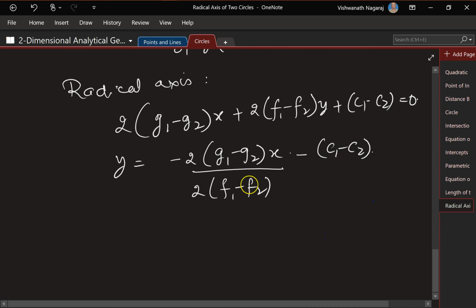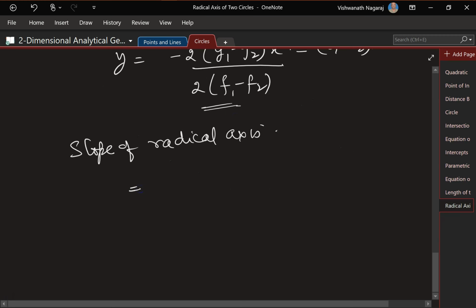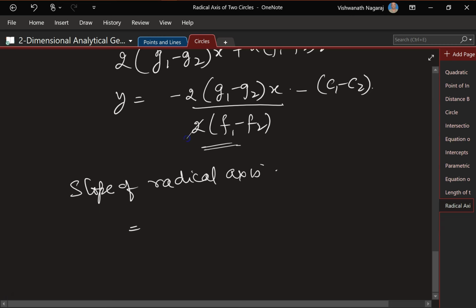So here it is in the form of y equals mx plus c, so the slope is this. The slope of the radical axis would be, 2 gets cancelled, and we are left with minus (g1 minus g2) divided by (f1 minus f2).